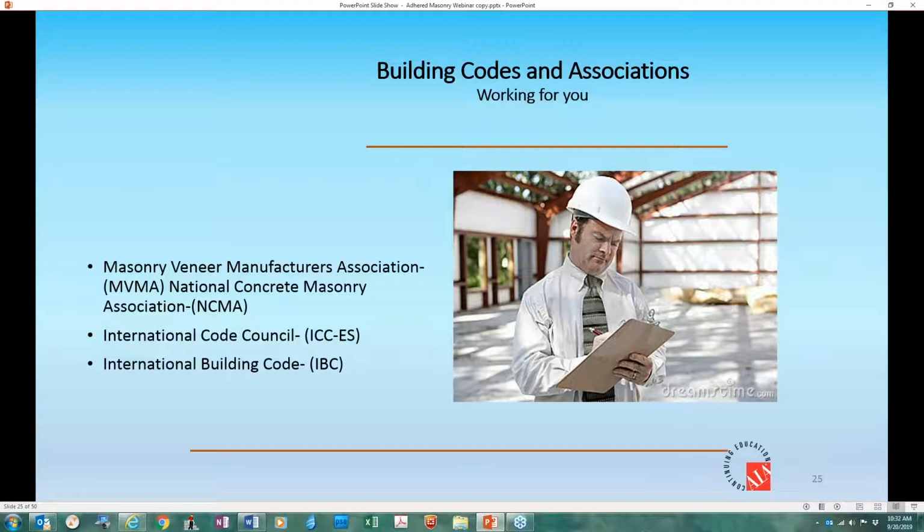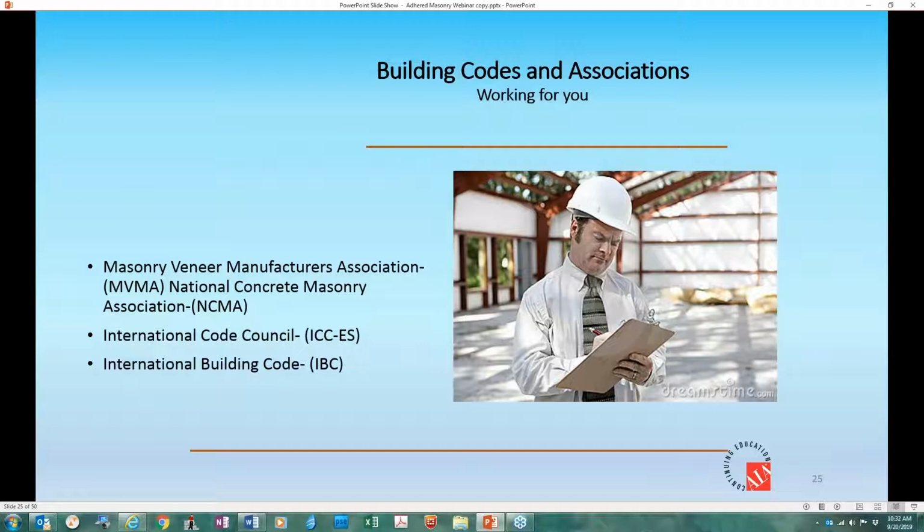It's a free download. It is the best manual you can get for anyone who is working with adhered masonry veneers. It follows the ASTM C1780. It's in the 4th edition, and it's in the 2nd printing, and is by far the most valuable download you can get off the internet if you're doing adhered masonry veneer.